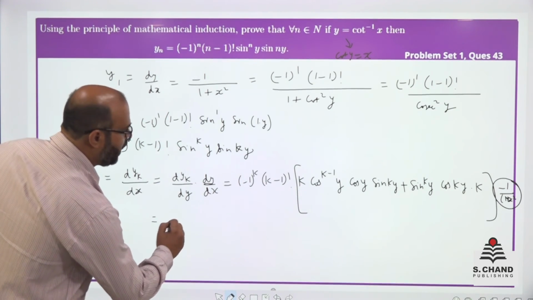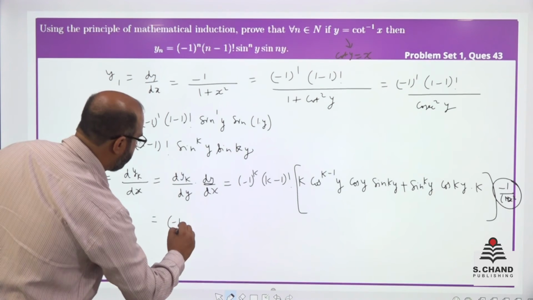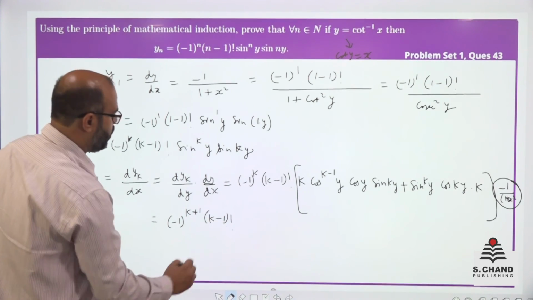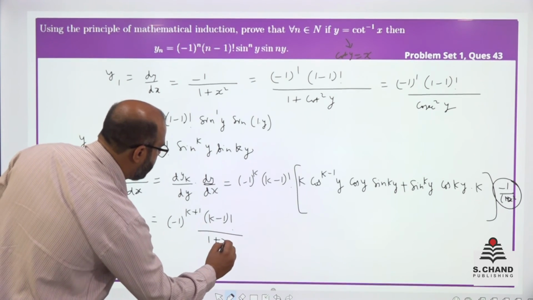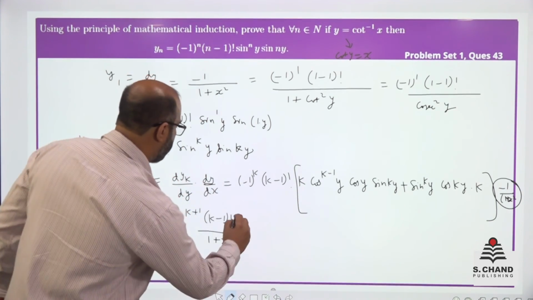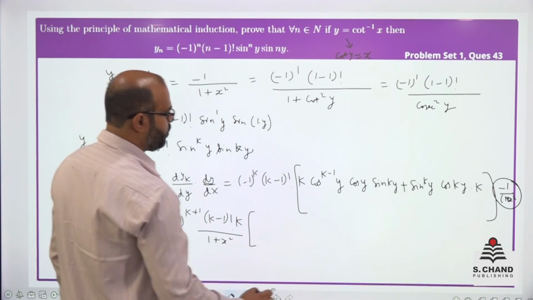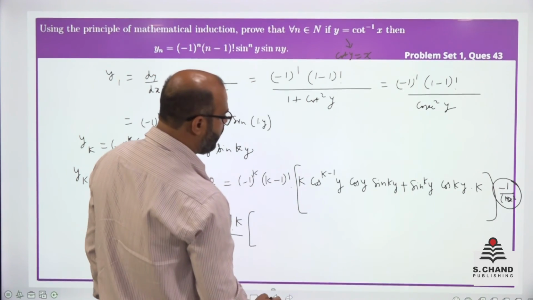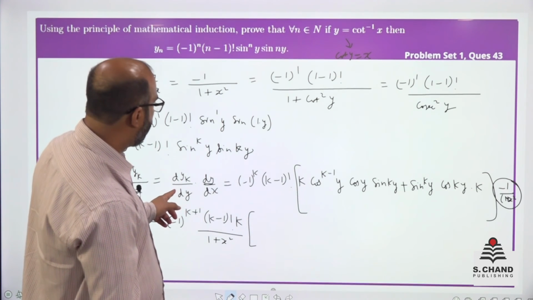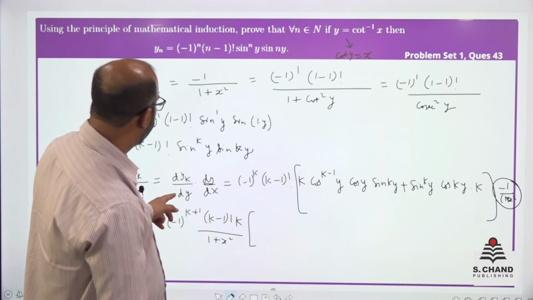So this will become minus from there, so minus 1 to the power k plus 1, (k minus 1) factorial upon 1 plus x square is here, and here what we are getting, k common. What else common we are getting here? Right, this is k cos k minus 1 y.